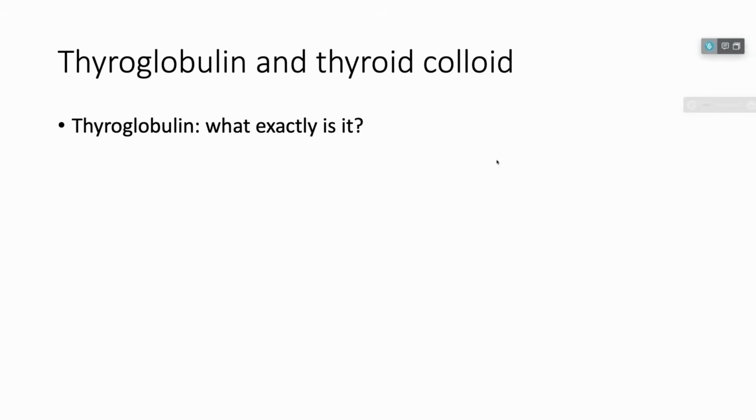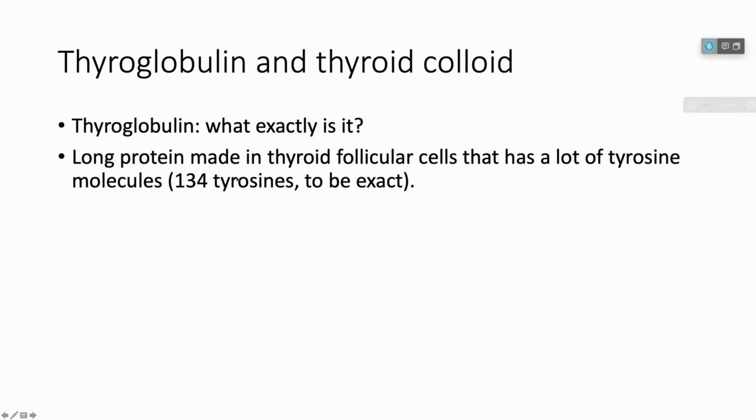It's a long protein. Yeah, it's a long protein and it has a lot of what amino acid? A lot of tyrosine. Exactly. It's a really long protein and it has a ton of tyrosine molecules. 134 to be exact. Crazy, right? It's just really long and has a bunch of tyrosine.